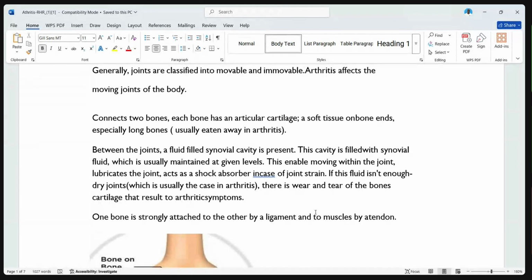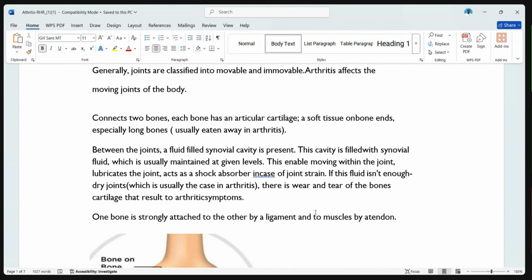flexibility. And so, when there's no lubrication, there will be wear and tear. This is the fluid that is able to absorb shock, and it lubricates the articular cartilages.